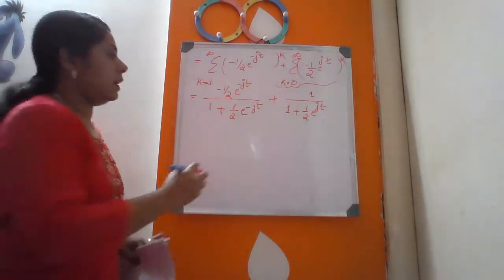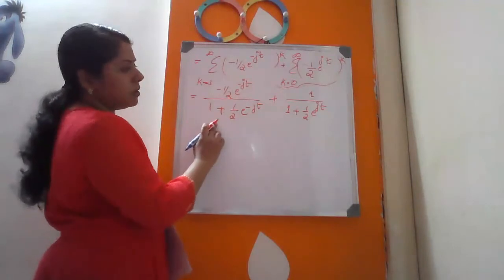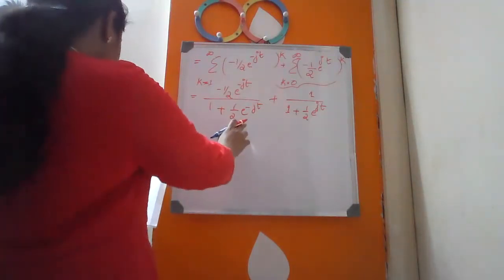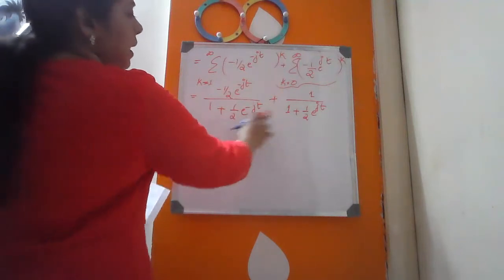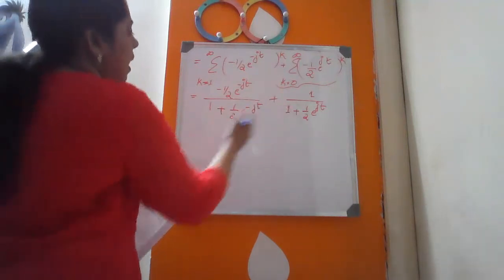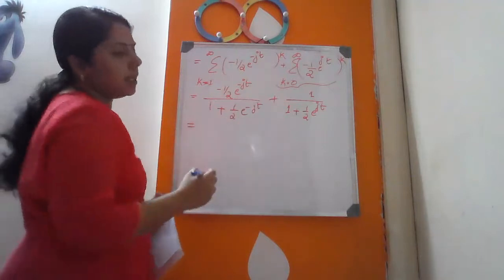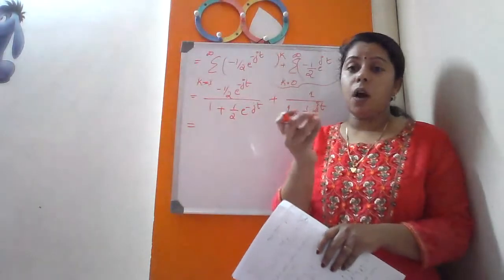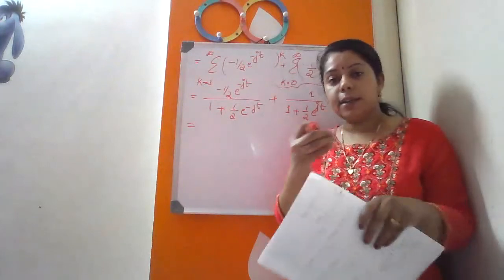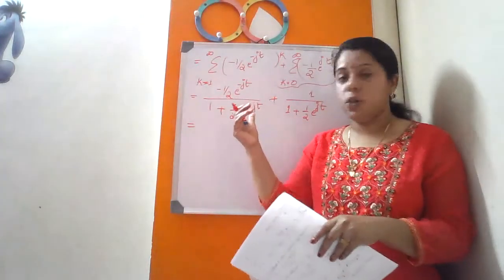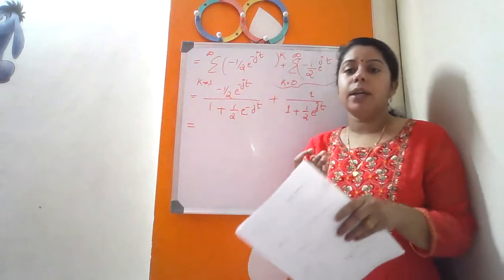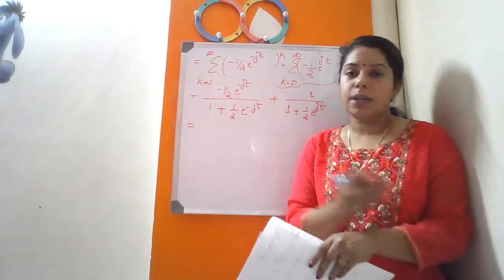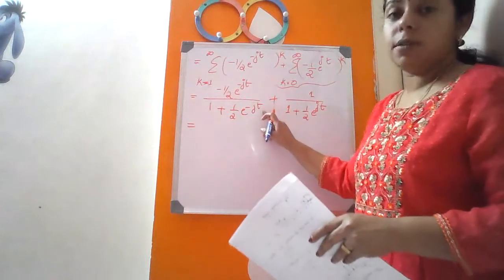Again, I can simplify this. I can cross multiply and simplify, and you may get it in terms of cos or sine. Whatever equation you get, try to simplify it and write it in terms of cos t or sine t, because here it is cos t or sine t.